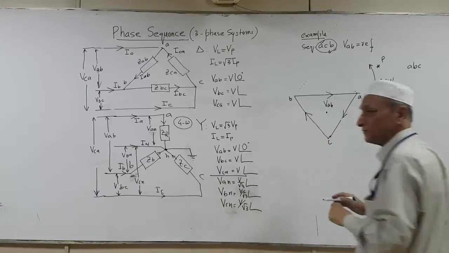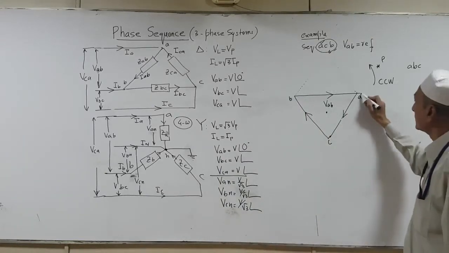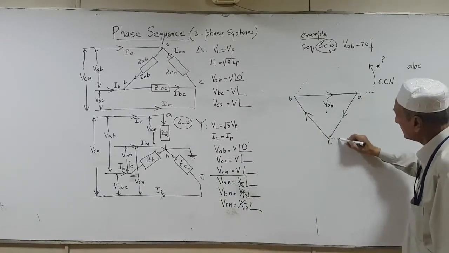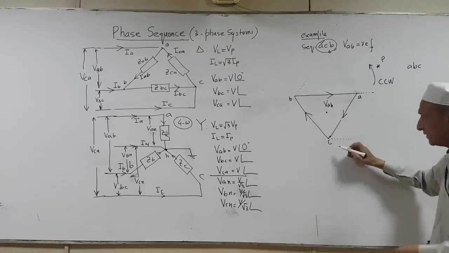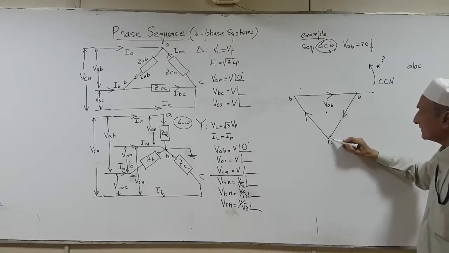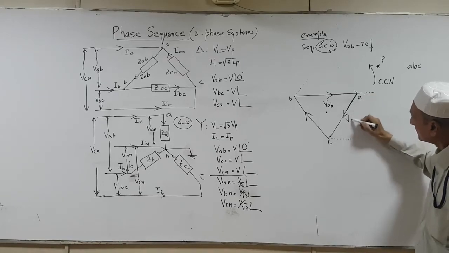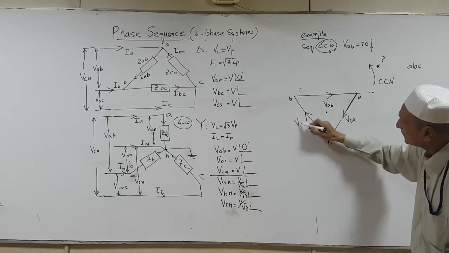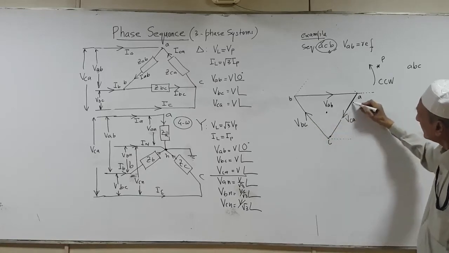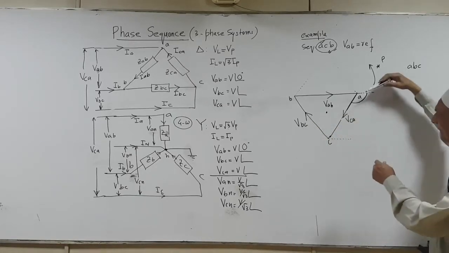So this is correct. Now let's work out the angles. We extend these lines from points A and C. Now this voltage is VCA, this voltage is VBC. The angle is this one, which is minus 120.